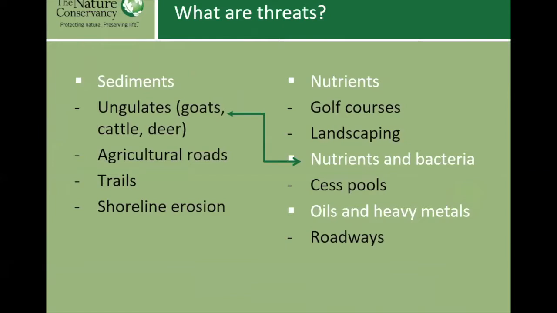So the sludge is not removed from a cesspool, it's just incorporated into the soil itself. And then oil and heavy metals from roadways. Green infrastructure can try to address oils and heavy metals by providing a retention basin, either wet or dry, as a place to concentrate that excess runoff before it runs into the groundwater or the stream system.